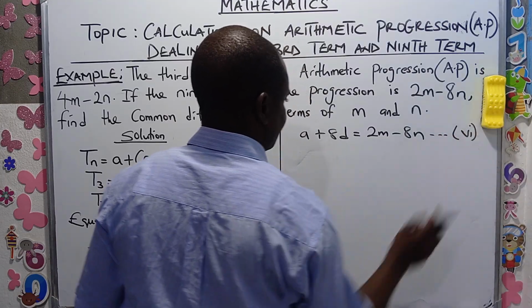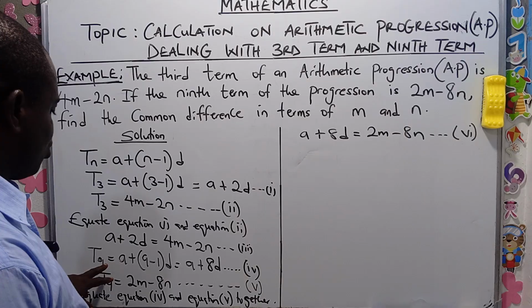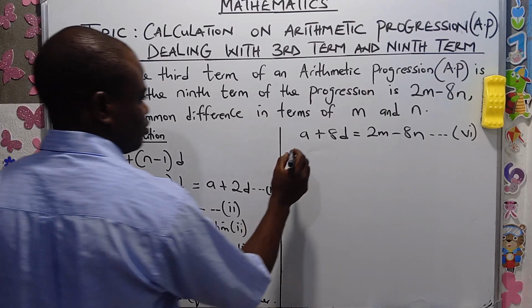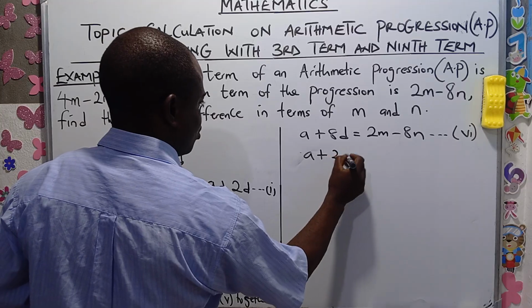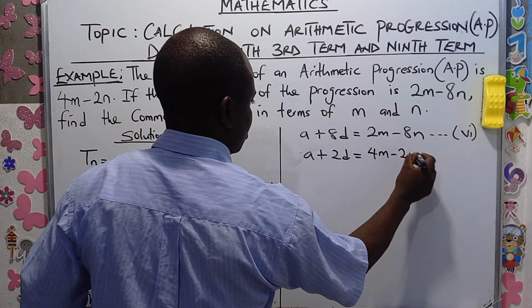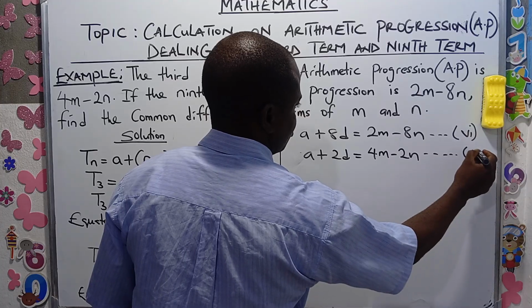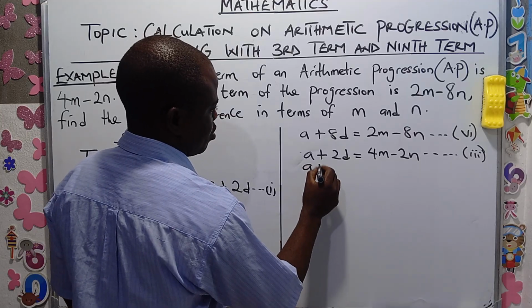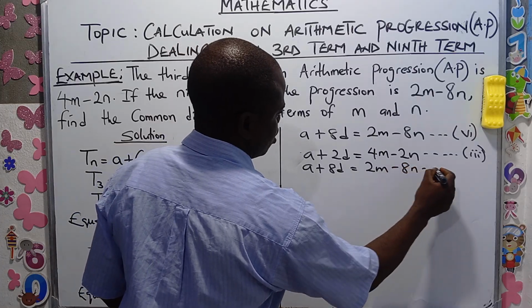Equation 6. Now at this junction, let's bring equation 3 and 6 together. Equation 3 is a plus 2d equals 4m minus 2n. And equation 6 is a plus 8d equals 2m minus 8n.